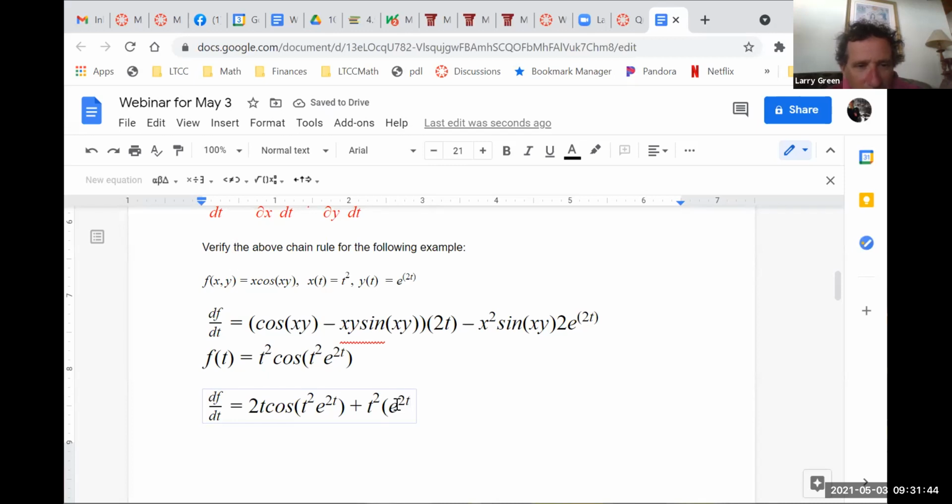So t squared times 2t e to the 2t. And then we're going to go plus. And now the derivative of e to the 2t is 2 e to the 2t times t squared, or 2t squared e to the 2t.